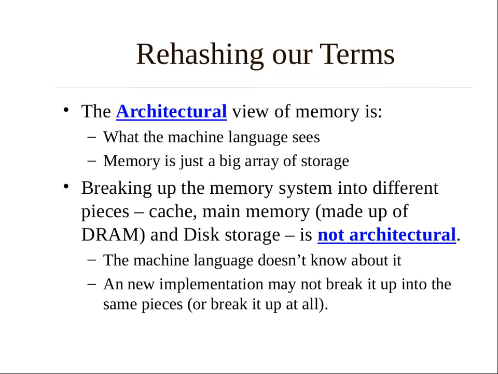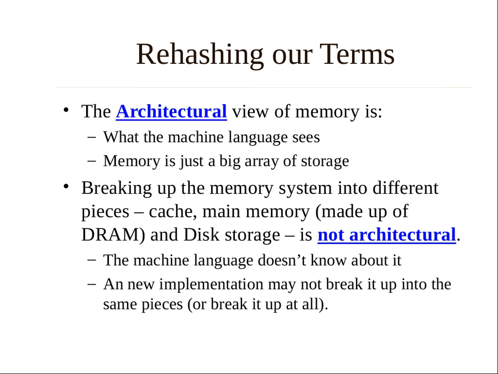All right, rehashing our terms. We get the words architectural and non-architectural confused a lot. The architectural view of memory is what the machine language sees, which is literally just a giant array of storage. You give it an address, you read from that word what's in that address, and if you want to write to it, you write this data value to that address. That's all it sees, architecturally speaking.